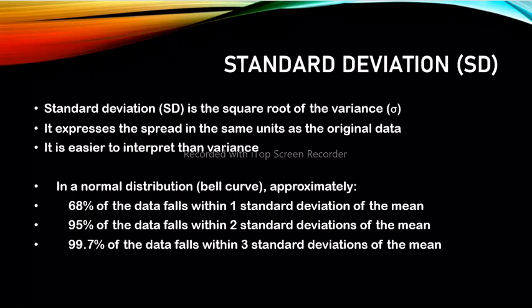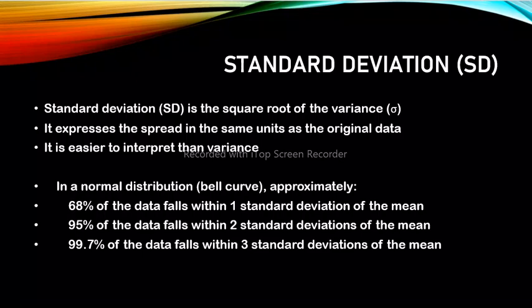The concept of standard deviation becomes particularly interesting when considering the normal distribution bell curve. In a normal distribution, we can expect a specific proportion of data points to fall within certain standard deviation ranges from the mean. Roughly 68% of the data will lie within the first standard deviation of the mean on either side.